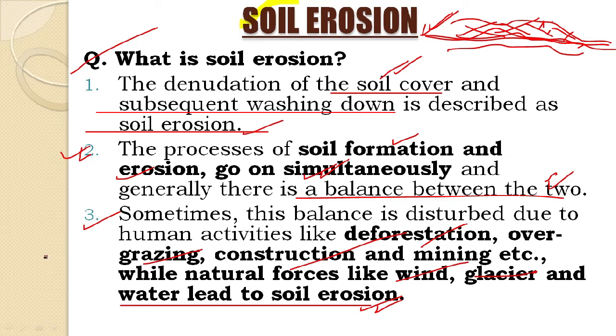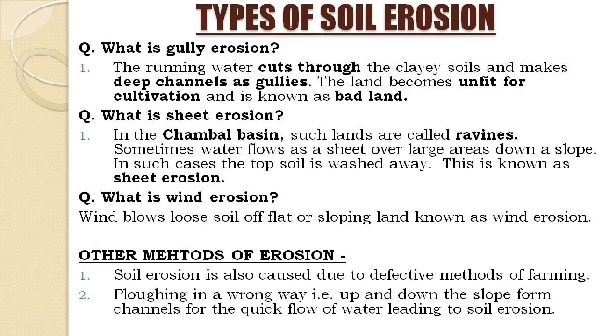And this will also lead us to topics like different types of soil erosion as well, which we will be studying right now. So here it takes us to the topic of types of soil erosion. Now students, as you can see very clearly, it is mentioned what is gully erosion, what is sheet erosion, what is wind erosion, and of course what is water erosion, the general type of soil erosion.